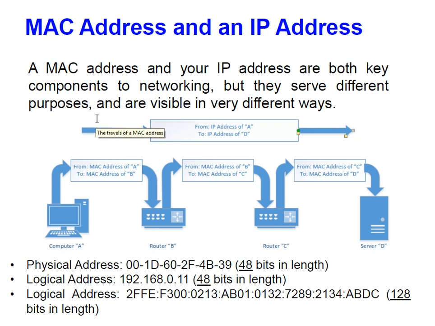Now let's see the next section. Here we see the MAC address and the IP address. Both are key components of networking, but they serve different purposes and are visible in different ways. A MAC address is a physical thing and an IP address is a logical thing.